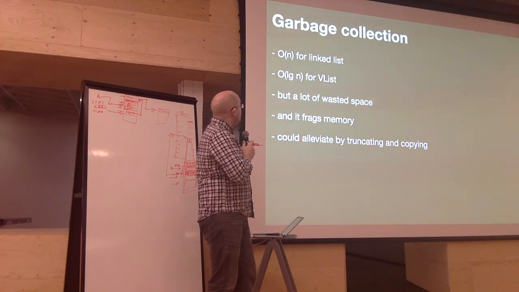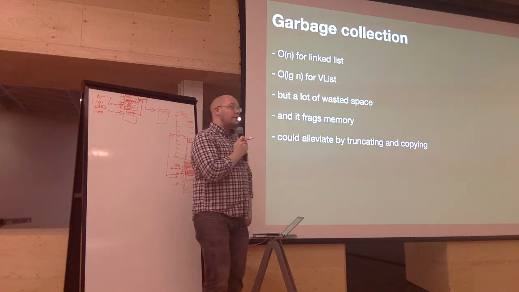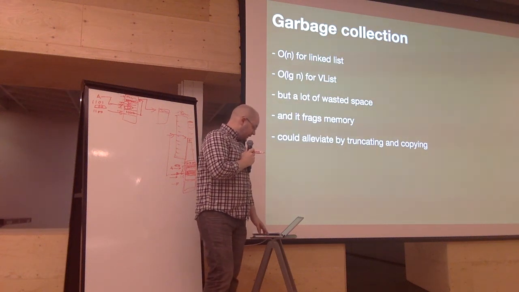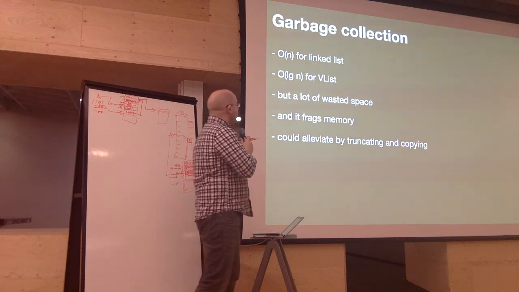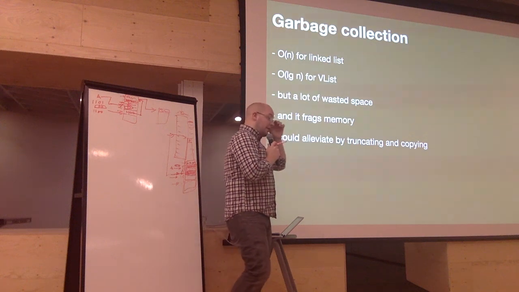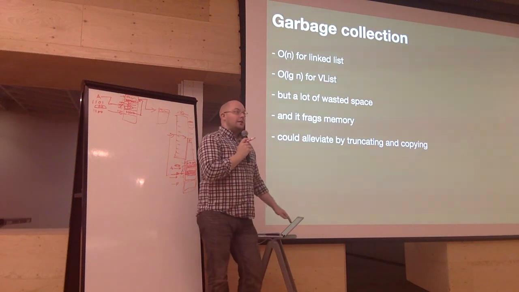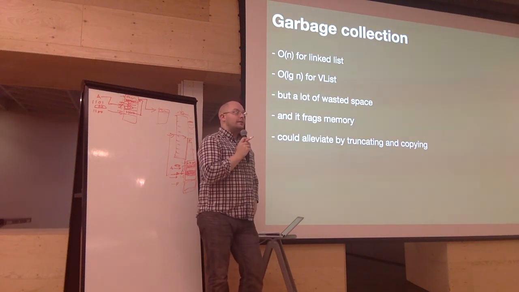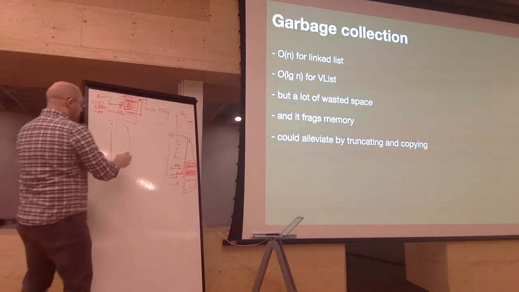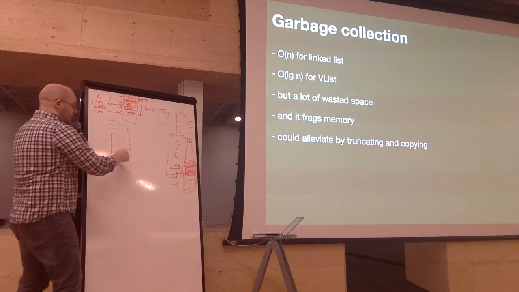So garbage collection is nice. We've got log n time for this vlist that we've described. There is some wasted space, and the wasted space here refers to the fact that when you go to garbage collect, it can be hard to, let me just draw this real quick. So we might want to garbage collect our list.